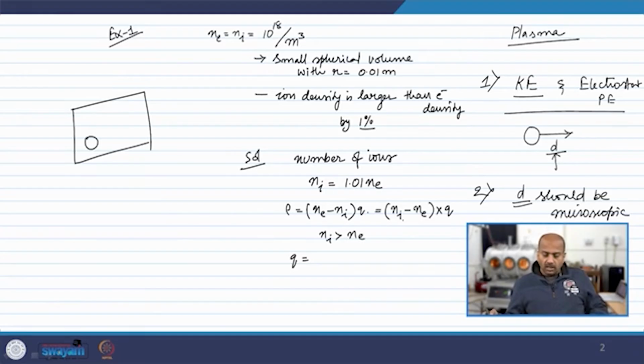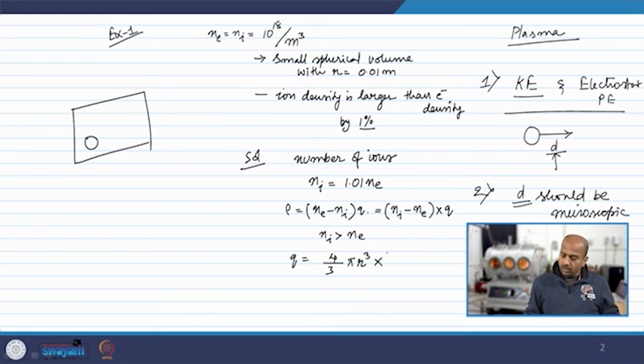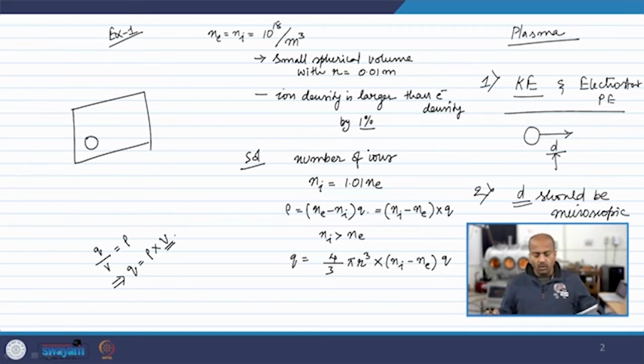If you want to find the charge, charge per unit volume is charge density, so charge is equal to charge density multiplied by volume. Since it is a spherical volume, the volume becomes 4 by 3 pi r cube, right.